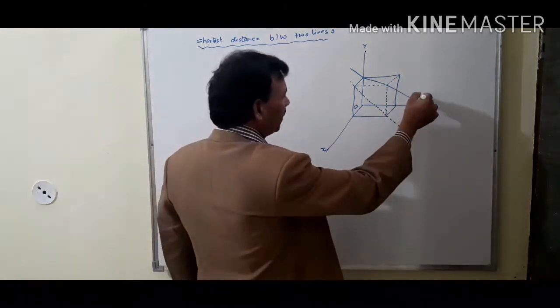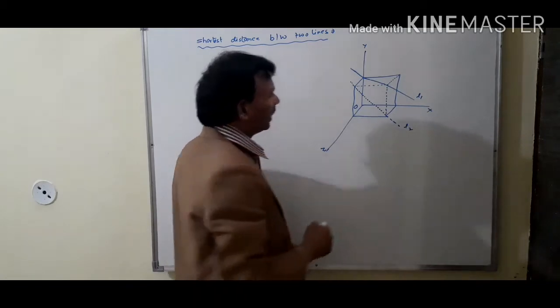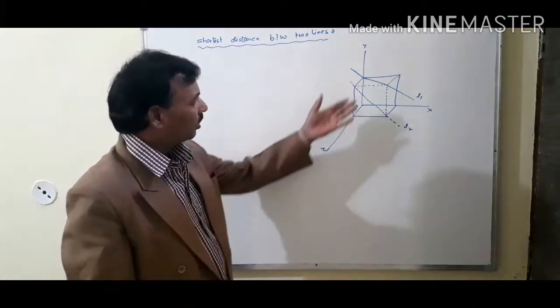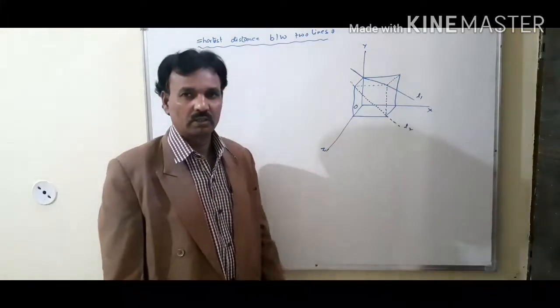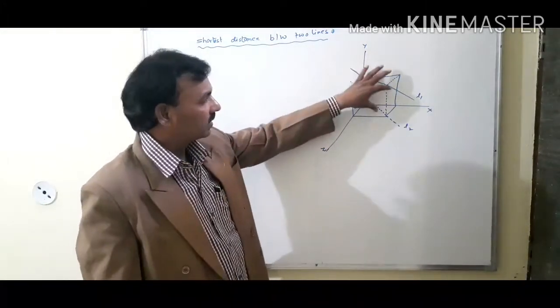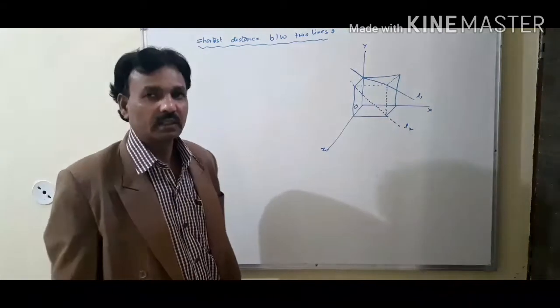Suppose this is L1 and this is L2. In this situation, both lines never intersect each other and both lines are not parallel also. This type of lines is known as skew lines.